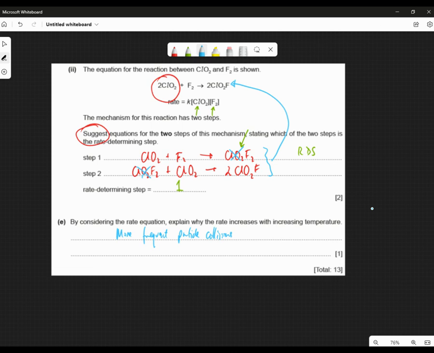And also, the rate constant K will increase with increased temperature. That's always the case, by the way. The rate constant K increases with increasing temperature.